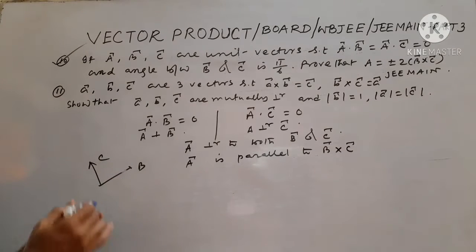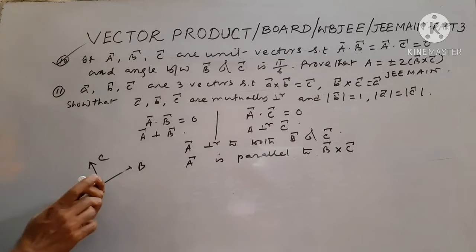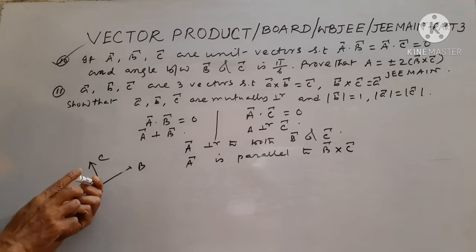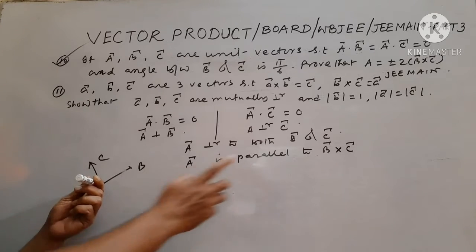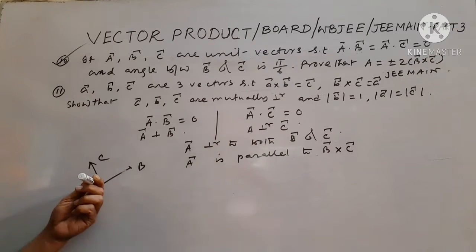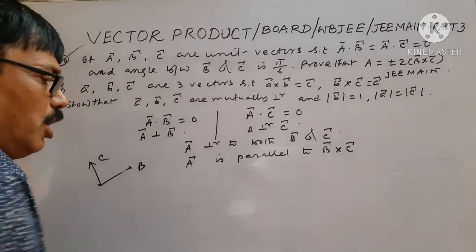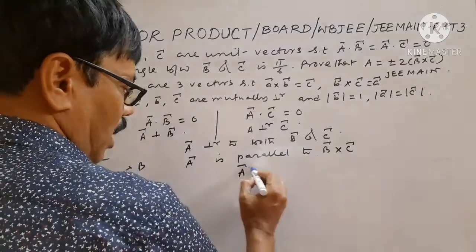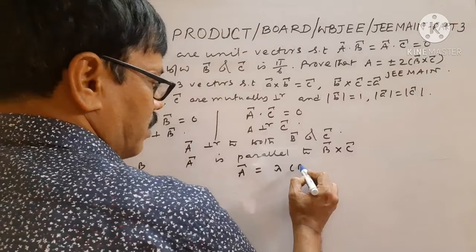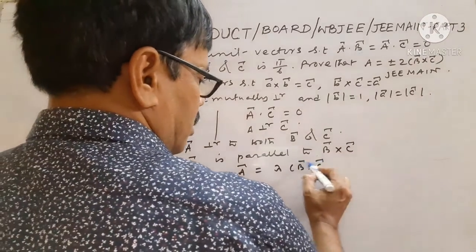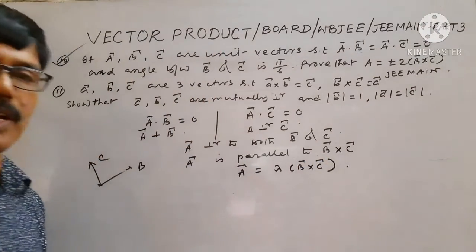Look, A is perpendicular to both B and C. That is, A is in this direction. Again, B cross C is a vector which is perpendicular to both B and C. So A must be parallel to B cross C. So if two vectors are parallel, we know one can be expressed as a scalar multiple of the other.